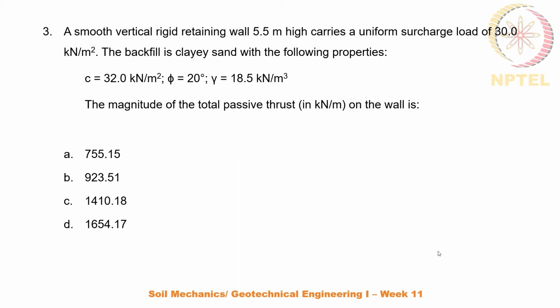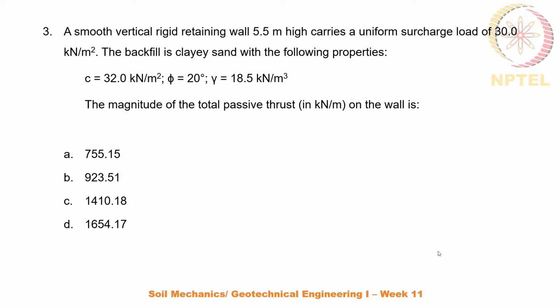Moving on to the third question. A smooth, vertical, rigid retaining wall, 5.5-meter high, carries a uniform surcharge load of 30 kilonewton per meter square. The backfill is clayey sand with the following properties.